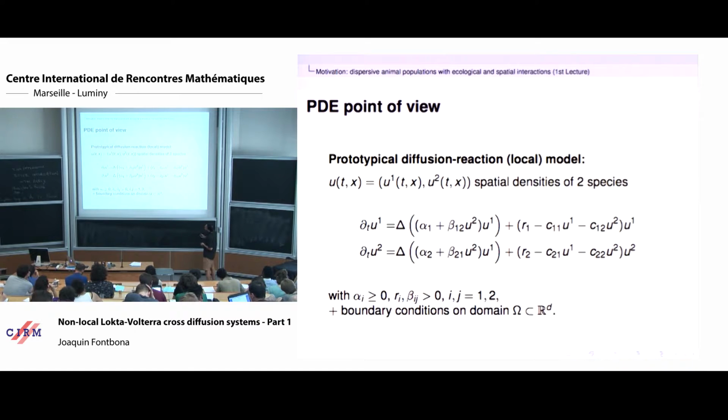You could also have here, multiplying u1, another u1, which is called the self-diffusion coefficient, which was present in Laurent's slides. And this type of interaction is what is called cross-diffusion. This is a model which has been studied for some years already.